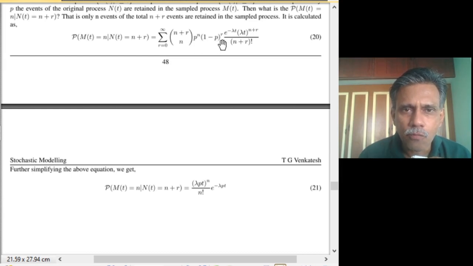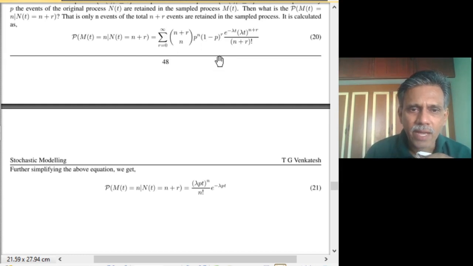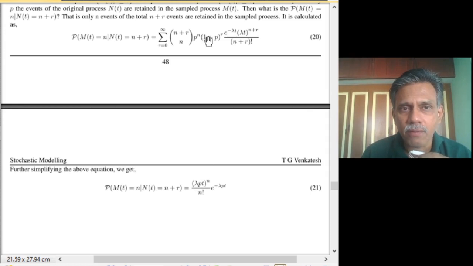Using all these things, we can write it like this. Out of which we will take (lambda p t) power n outside, and only the r factorial has to be summed, and on summing, we can reduce to this term.